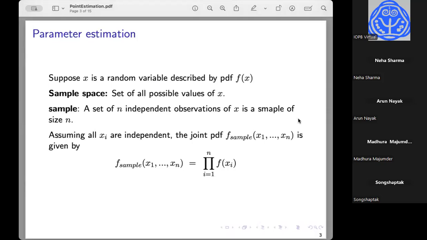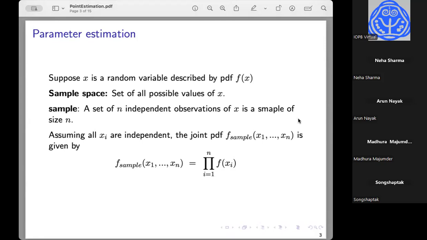So let's say we have some random variable x, which is described by some PDF f of x. Now we can define something called sample space. I also discussed yesterday a little bit about sample space. Basically, it is a set which contains all possible values of x, which we call the sample space.